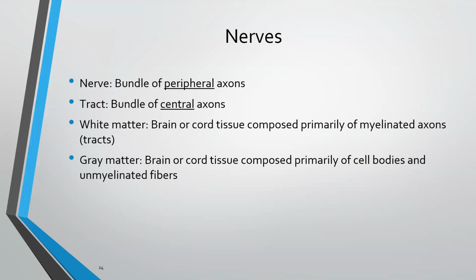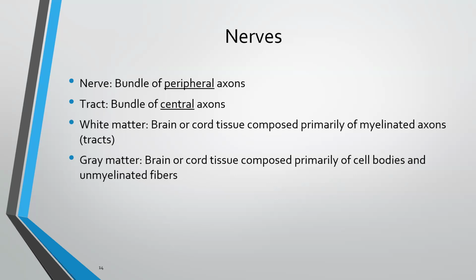And gray matter is brain or cord tissue composed primarily of cell bodies and unmyelinated fibers. Okay, so what is white matter composed of? It's nerve fibers that usually have a myelin sheath, and myelin is white. So that's what causes the white color of the matter.